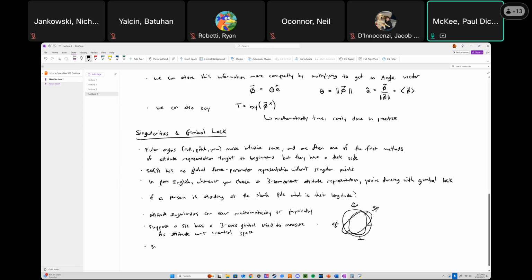Further, suppose axis 3 has become aligned with axis 2, or sorry, with axis 1. This happens whenever theta 2 is 90 degrees.